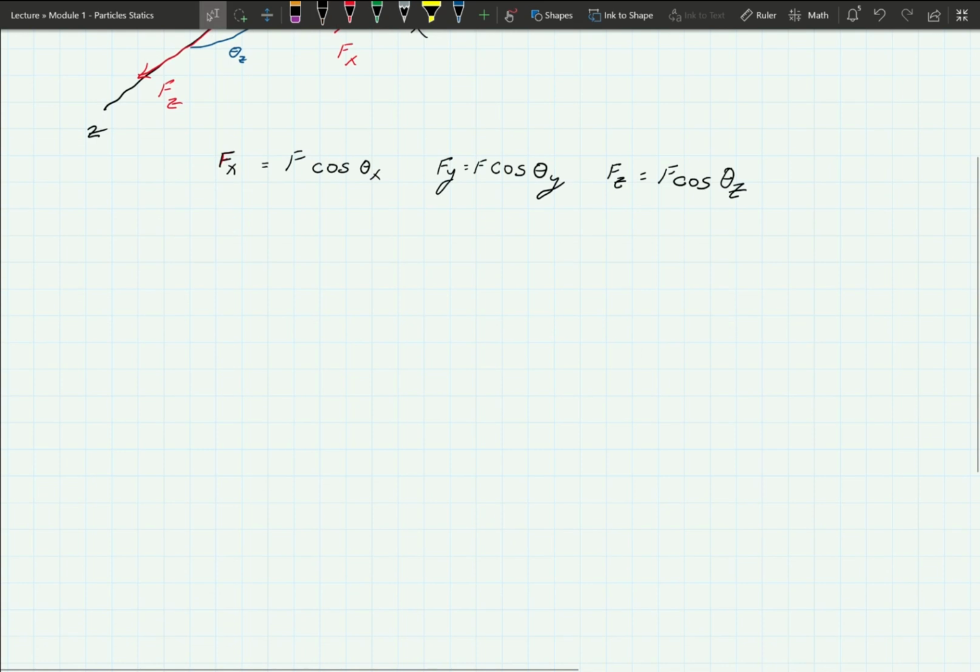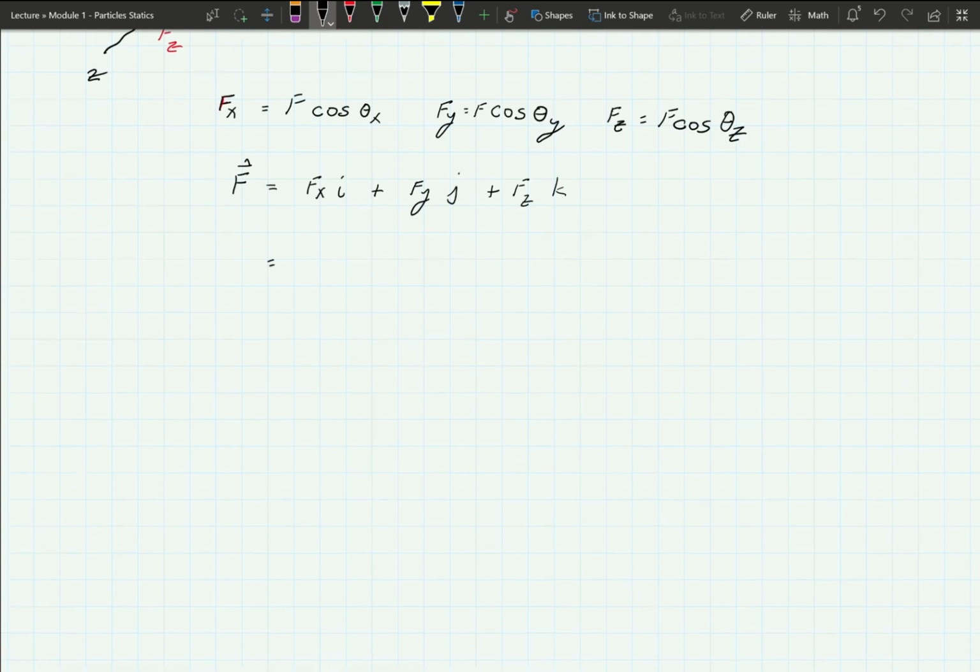As such, the vector F is equal to F of x in the i plus F of y in the j plus F of z in the k.